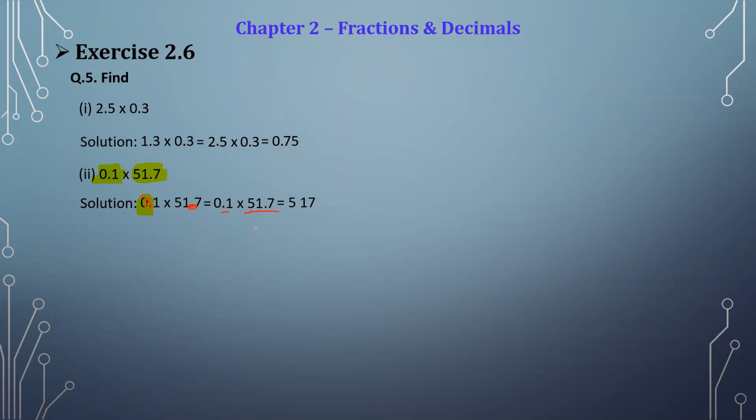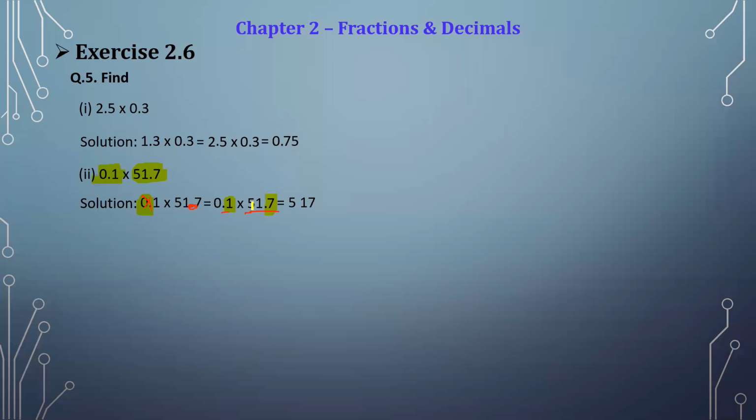And here again we have to count how many digits are present after the decimal point combiningly. So here first digit, then here second digit. So total two digits are present after the decimal point.